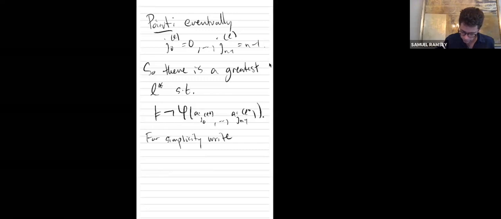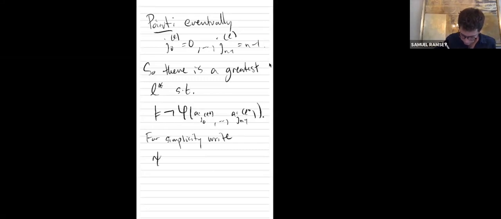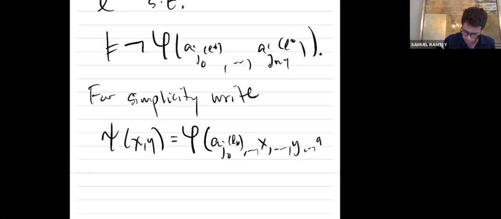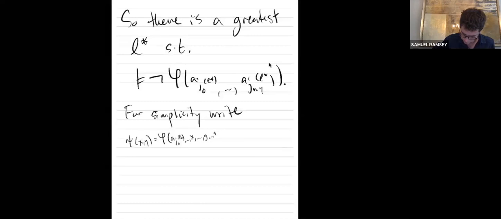So what we're going to do is we're going to write C of x y will be the following formula. It's going to be phi of A J0 L star dot dot dot x dot dot dot y dot dot dot A. Sorry, I'm running out of space. Let me zoom in a bit. Let's shrink this.